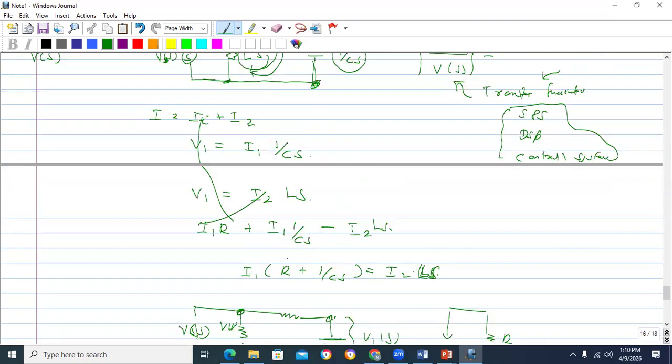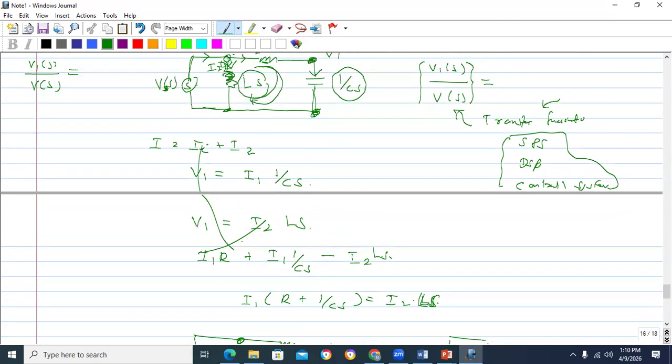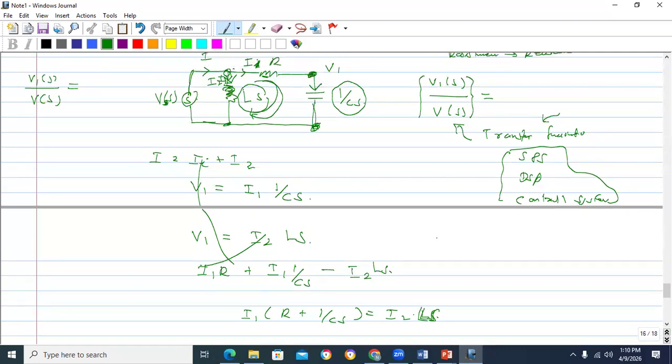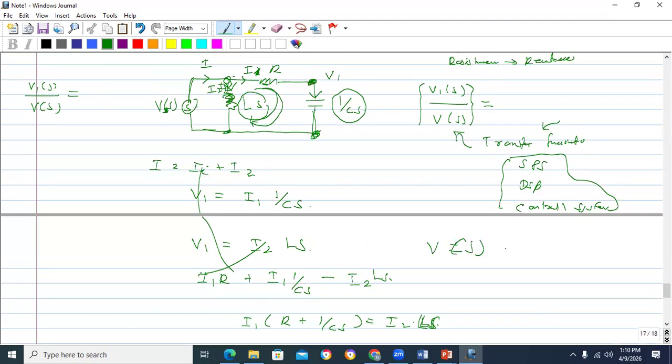Okay. If you write this equation, you can write another equation for V. So Vs is equal to I2 LS.